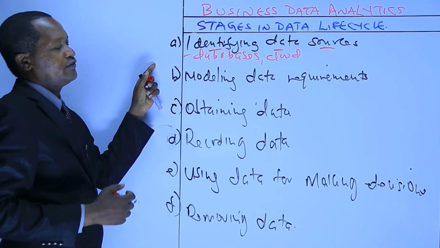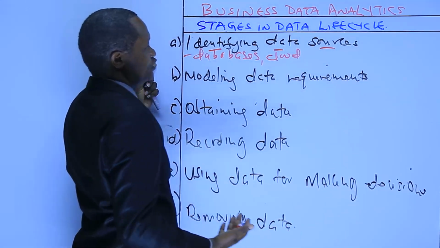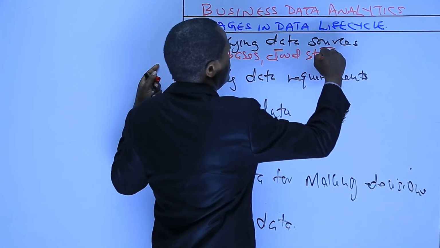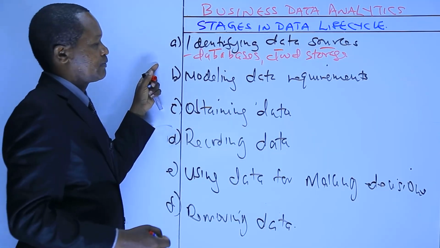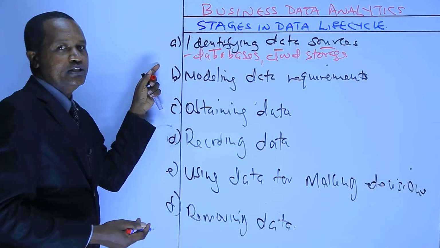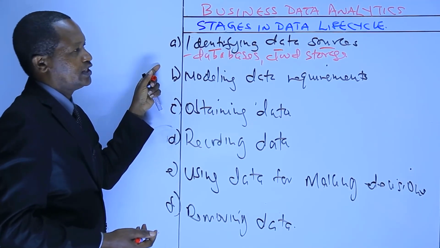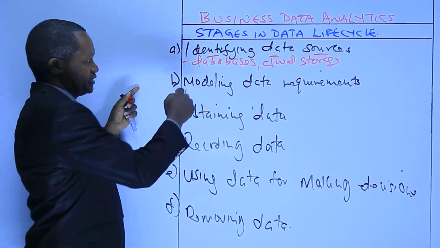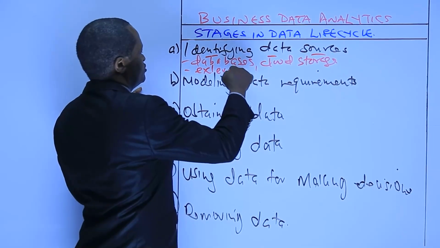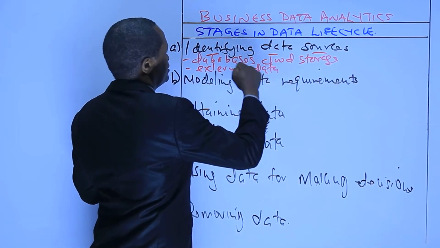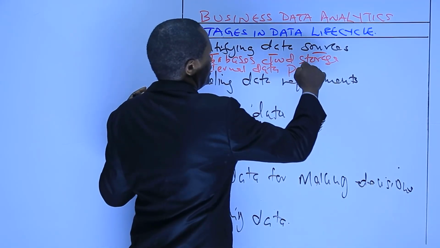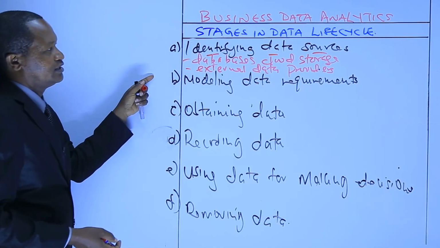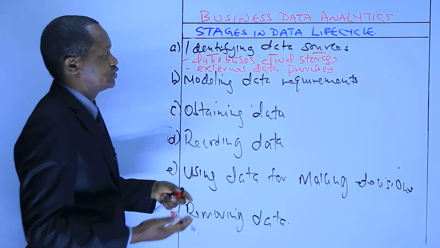If the organization stores data in the cloud, that could be another source, cloud storage. Databases, cloud storage. We may also have external data providers. So during the first stage in the data life cycle is to identify the data sources.